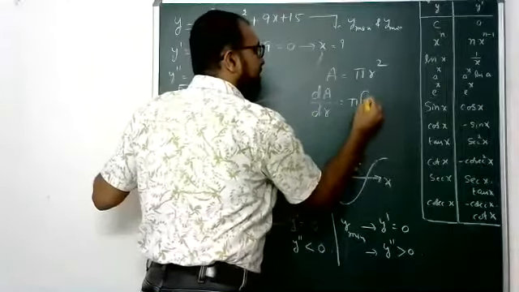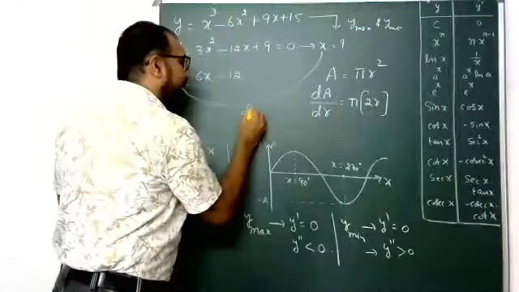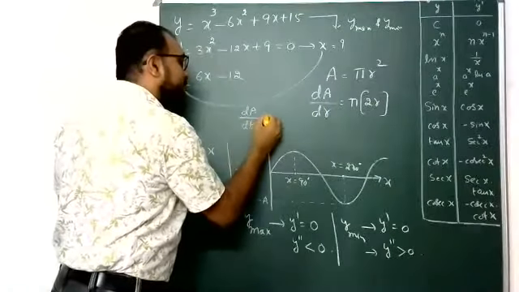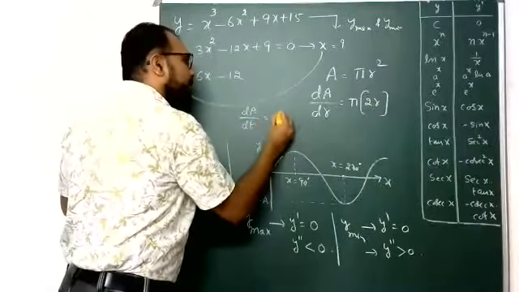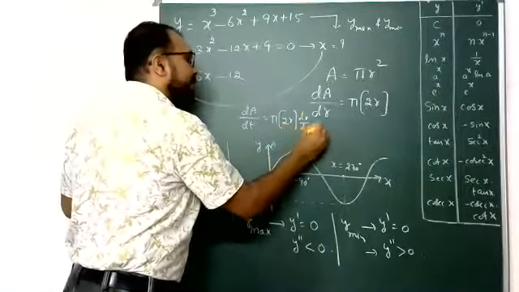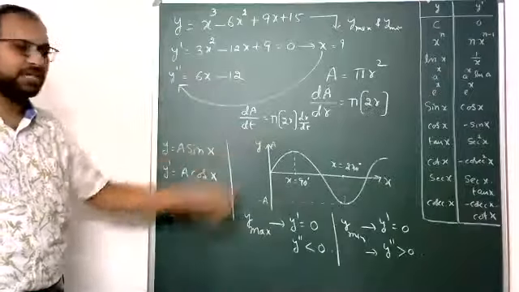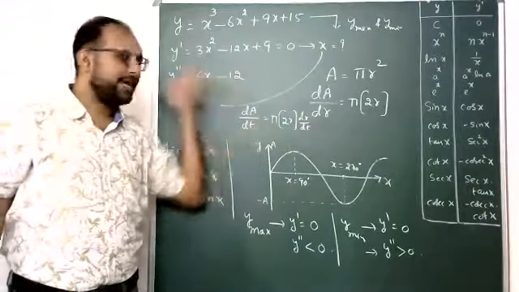Pi is a constant, so 2r. Suppose dA by dt is asked, with time: pi into 2r into dr by dt, because here r is there and here t is there. Nothing but the chain rule. I already explained the chain rule, that's why I explained it fast.